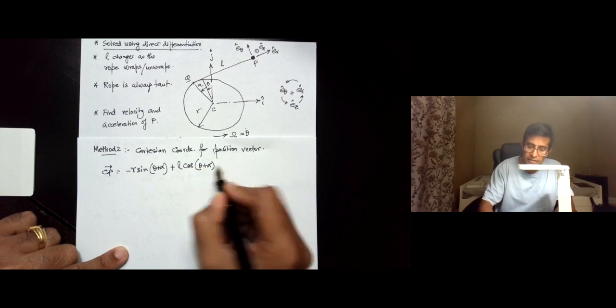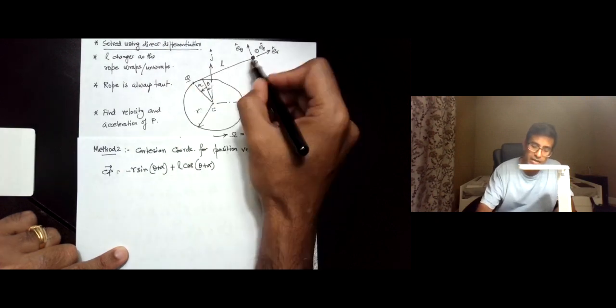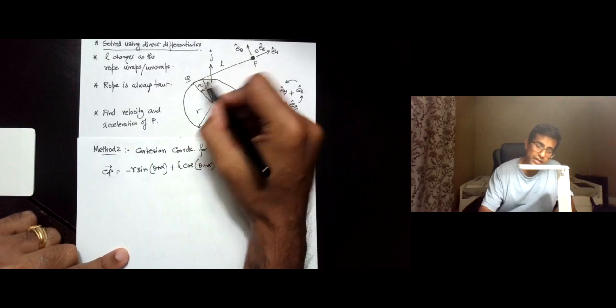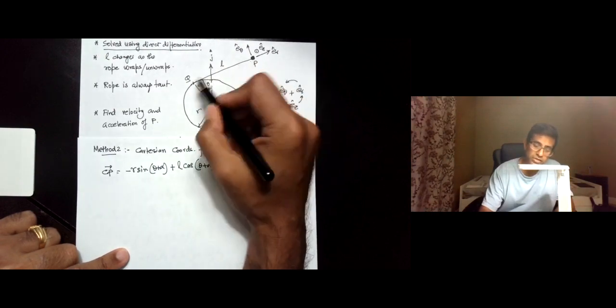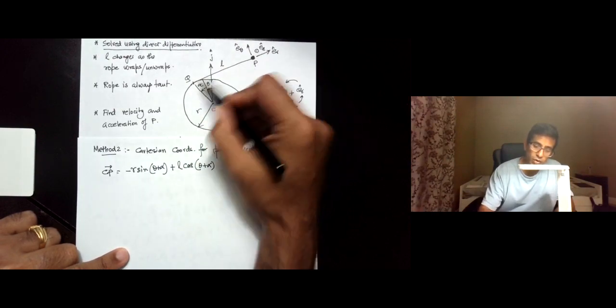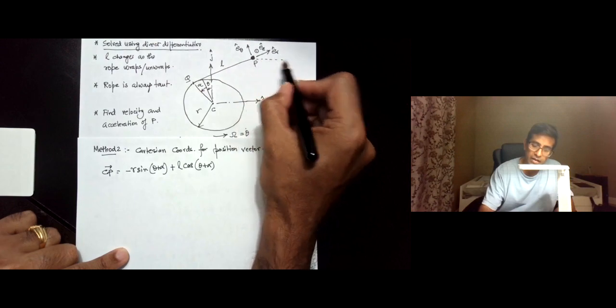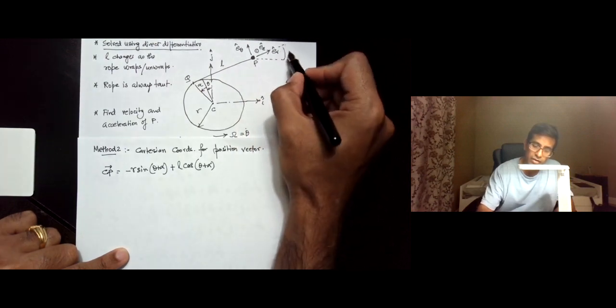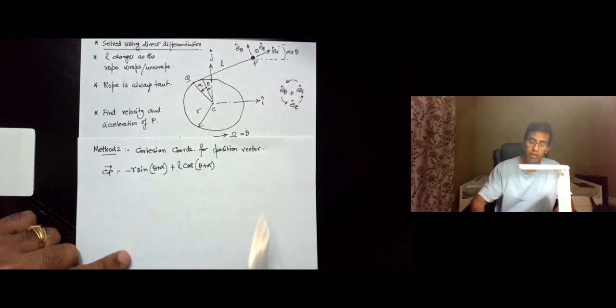theta plus alpha. Knowing that by virtue of the fact that this rope is taut, the rope makes an angle of theta plus alpha with the horizontal.